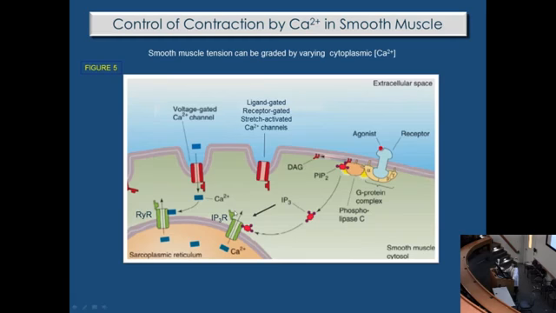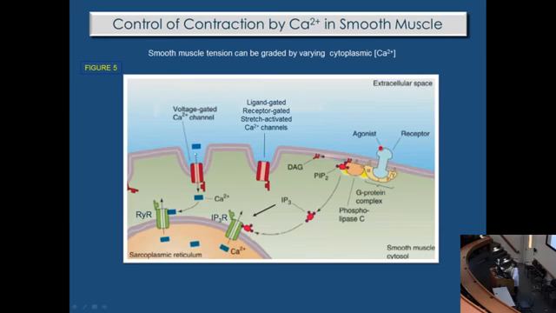So this cartoon just represents all the sources that will contribute to elevate calcium in the cytosol. Here we have the voltage-gated calcium channels. This is basically the same, a different isoform, but the same that we have in the striated muscles.